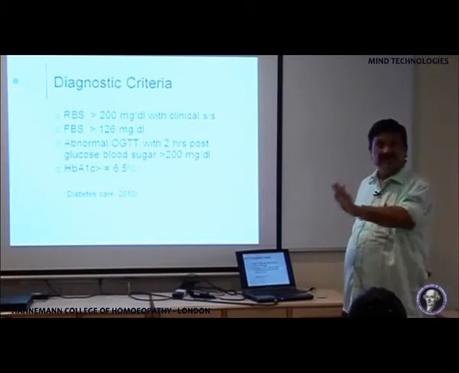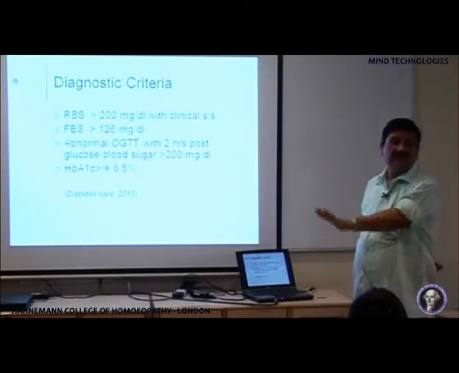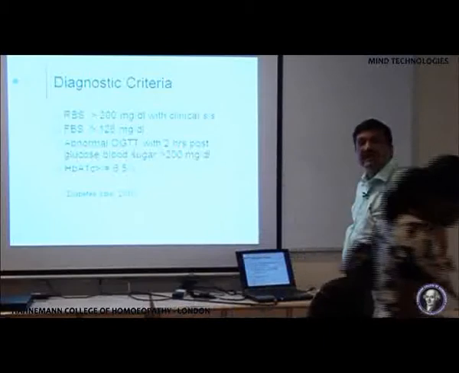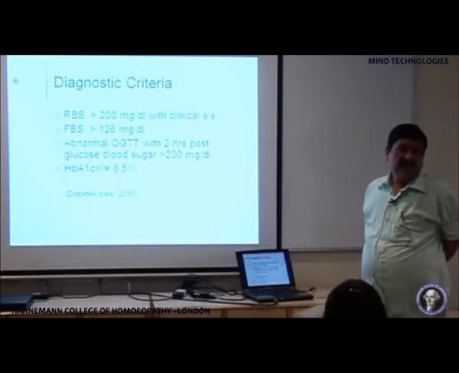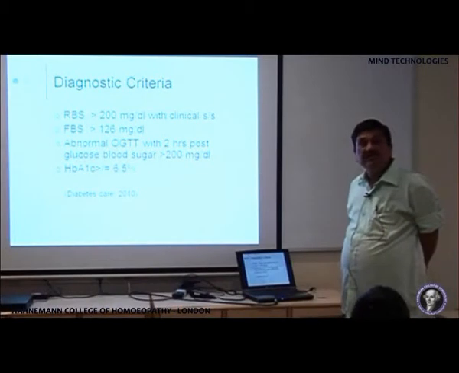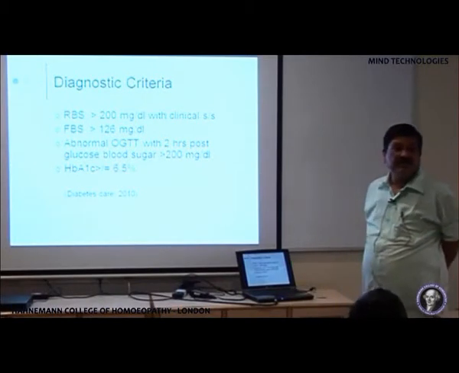So if for 3 consecutive readings you get a fasting blood sugar level more than 126 milligrams per deciliter, then you can call it diabetes. A single reading or a paired reading is not sufficient to diagnose a patient as diabetic.